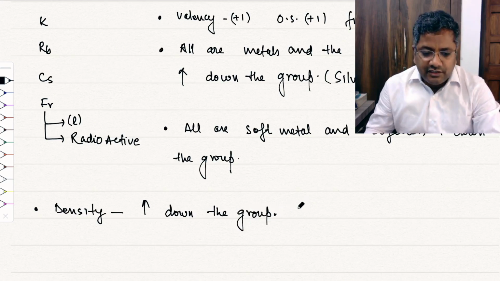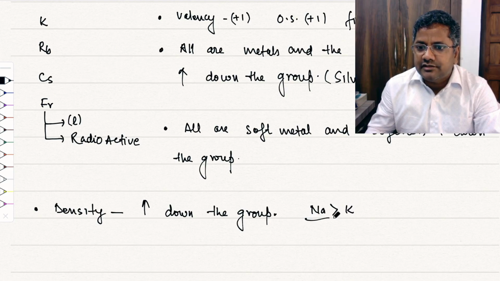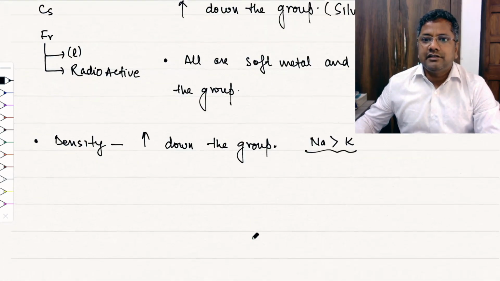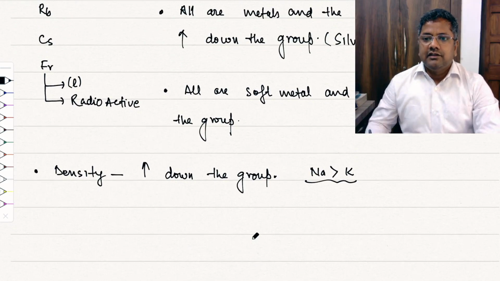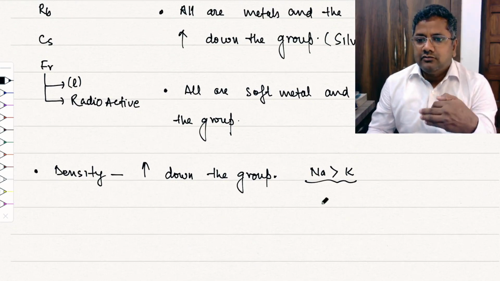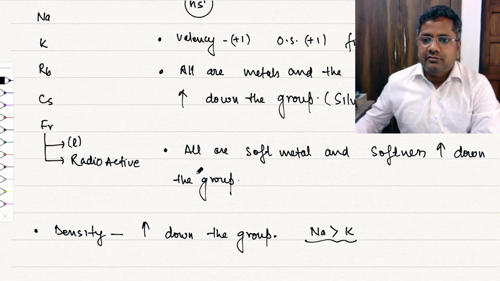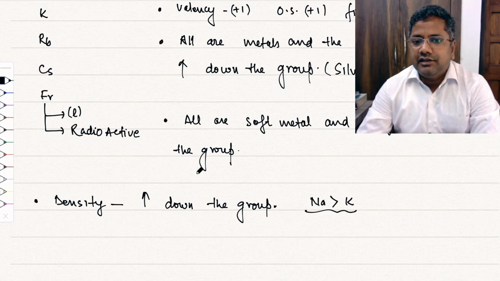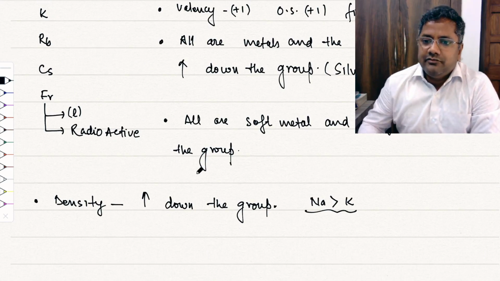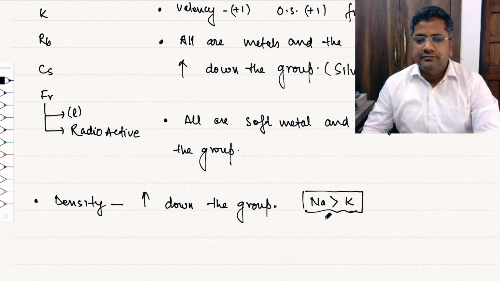But there is one exception, that the density of sodium is more than the density of potassium, right? Density of sodium is more than the density of potassium, although potassium is below the sodium. So density increases down the group with this exception.